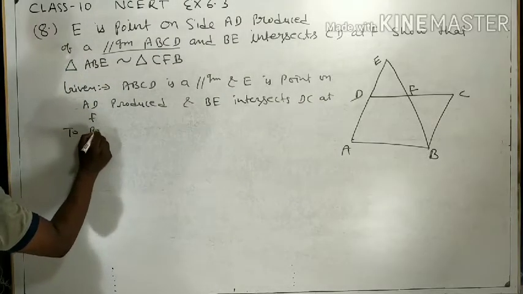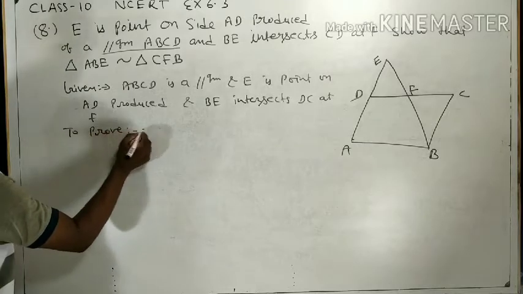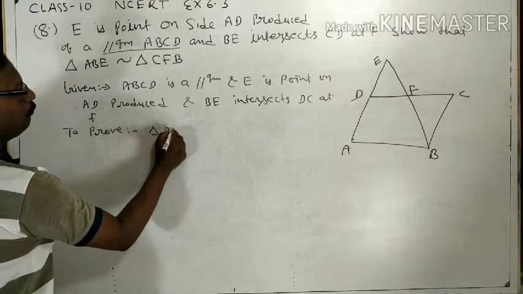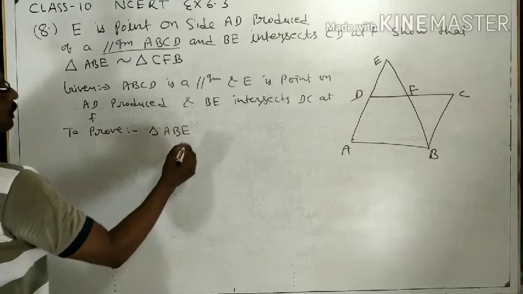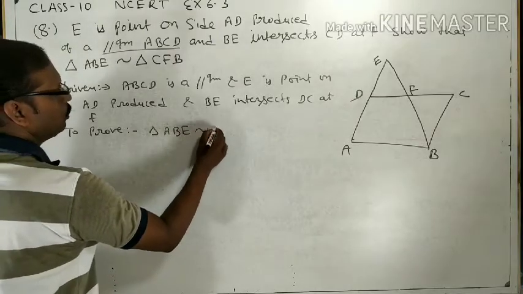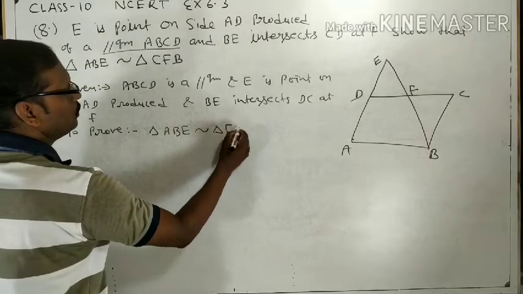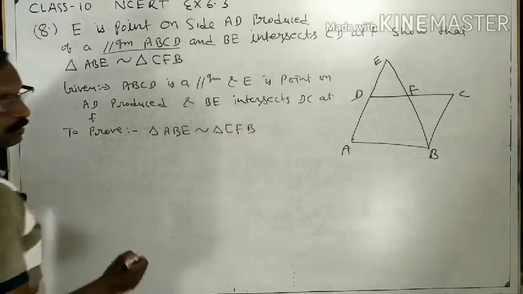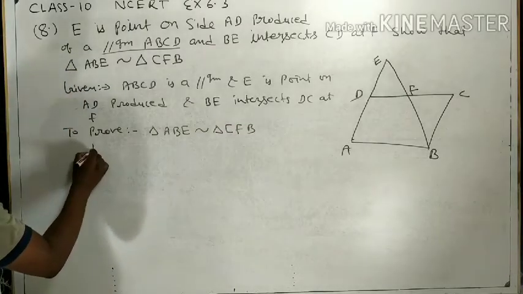To prove: triangle ABE is similar to triangle CFB.